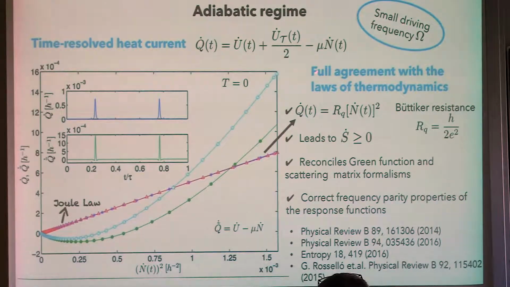A more or less naive way of thinking about this contribution is that in the scattering matrix you don't have the tunnel region, so you can think that half of the tunnel region belongs to the nanoscale system, and the other half belongs to the macroscopic reservoir. And also, this was shown by Guillaume Rosselot, Rosa, and Jean-Sue Lim, it predicts some correct frequency parity properties of the response functions.